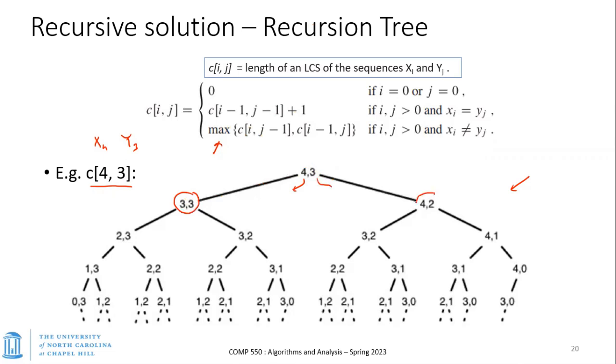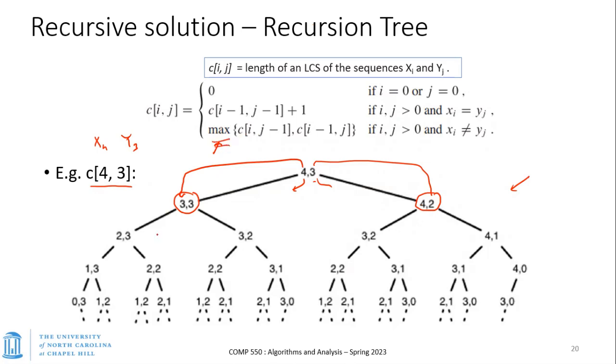If x is reduced, 4 becomes 3 and the length of y is retained; if y is reduced, 3 becomes 2 and 4 is retained. So to compute the LCS for 4, 3, you may have to compute the LCS of 3, 3 and 4, 2, because you need to find the maximum.